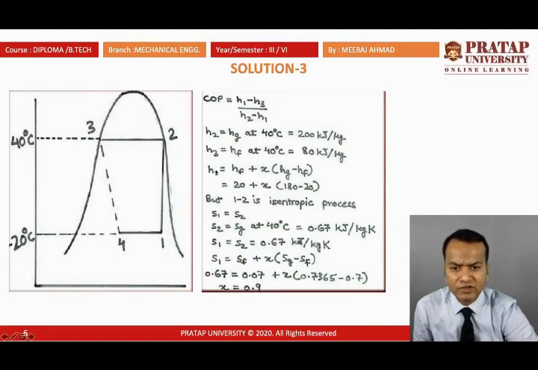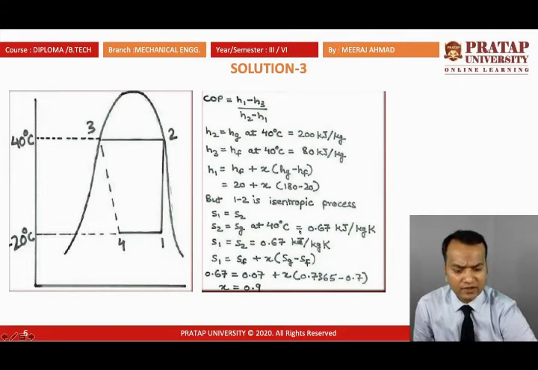Then you get the value of H1. But you know that S1 is equal to S2, because an isentropic process is there. So you can write the value of S2 equal to the Sg value at 40 degrees Celsius.